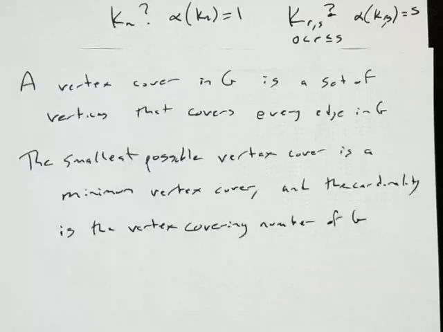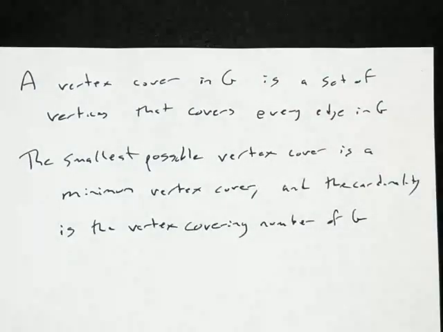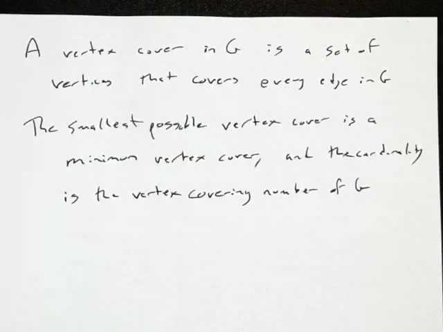Hey, wait a minute. I called the edge covering number alpha prime of G. Alpha of G was the vertex independence number. So I'll just call this one beta.